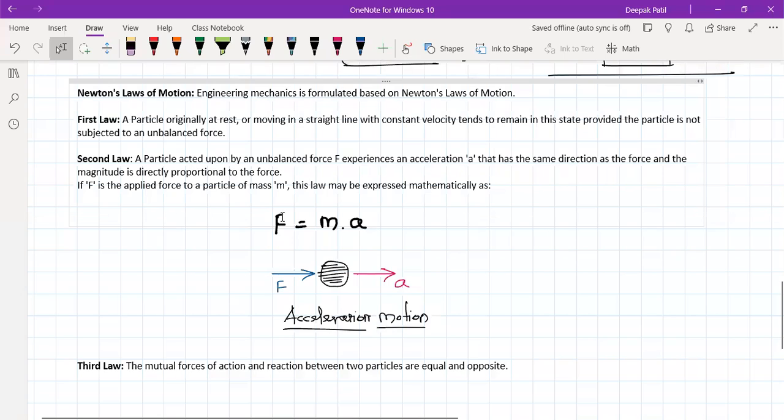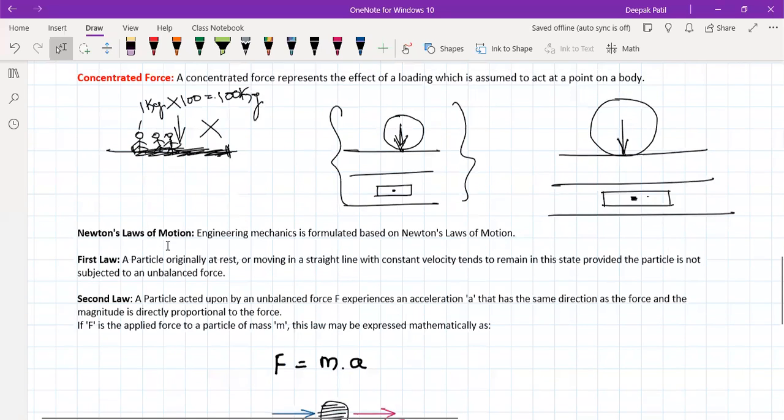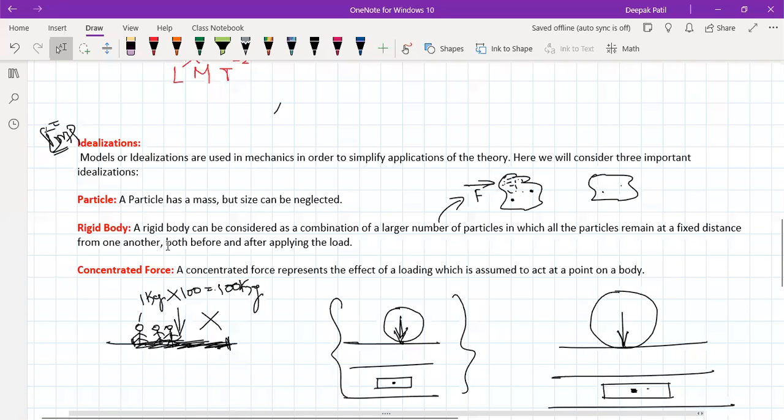Sir, in case of particles, why should size not be taken? Could you re-explain it? Yeah, that's actually a good question. When you take the particle concept, I told you a particle has a mass, but the size can be neglected. Now, why can the size be neglected? I gave the example of the Earth moving in its orbit around the sun.